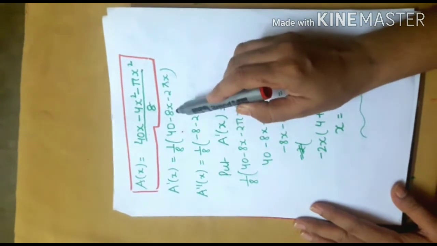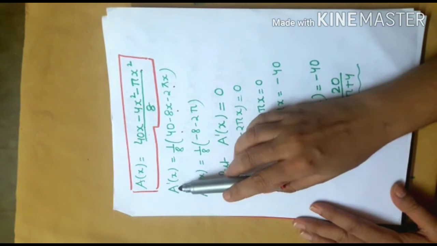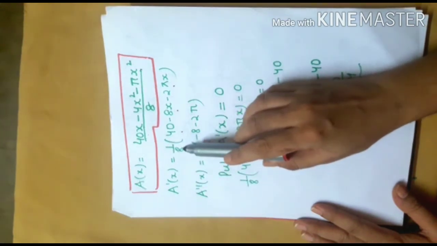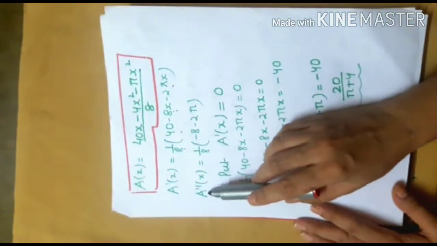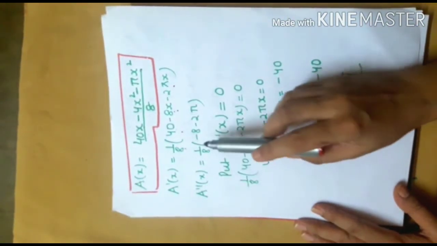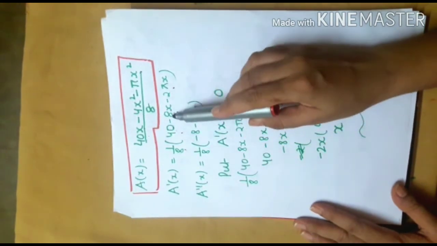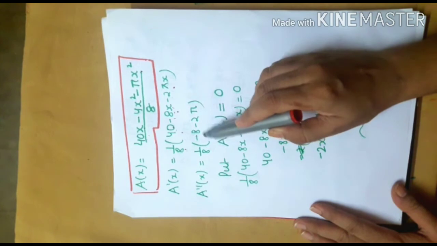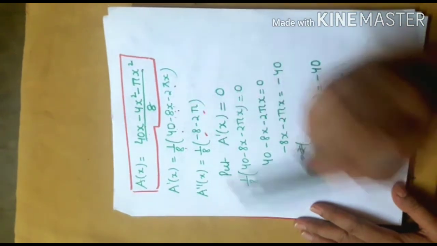Here I'll get 8x and it will be 2 pi x. So A dash x is 1 by 8 into 40 minus 8x minus 2 pi x. I also compute the second order derivative, which is 1 by 8 into: the derivative of 40 is 0, the derivative of minus 8x will be minus 8, and the derivative of minus 2 pi x will be minus 2 pi.